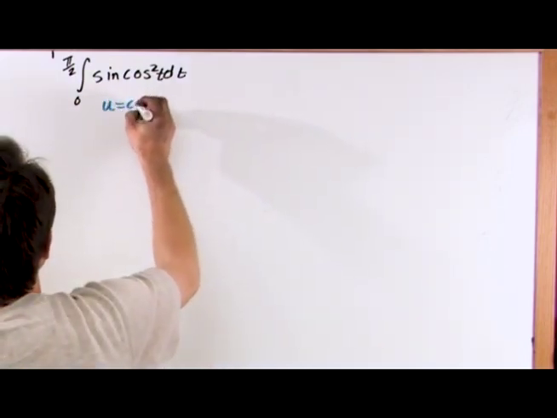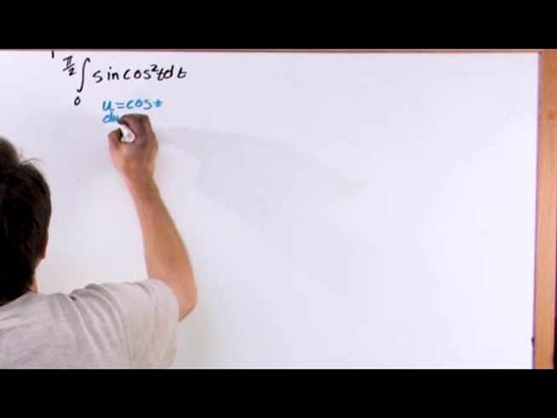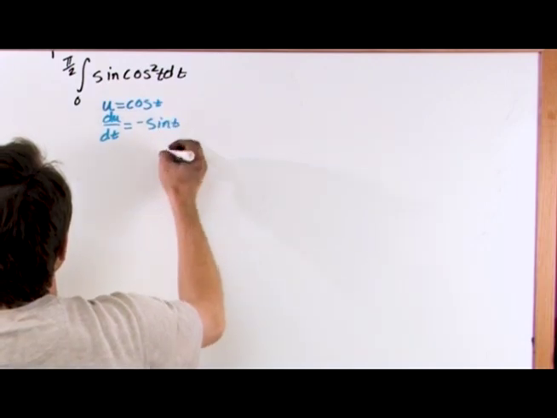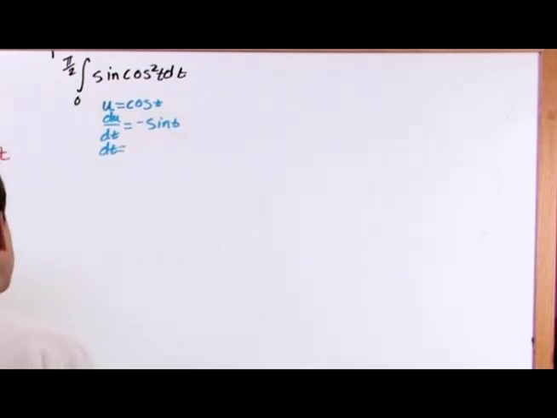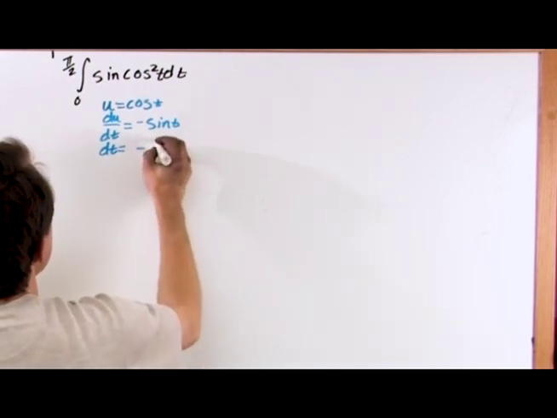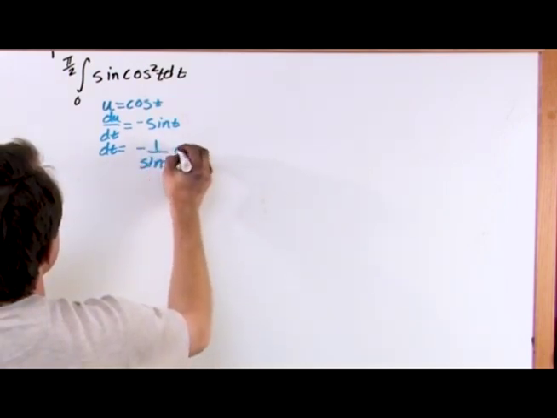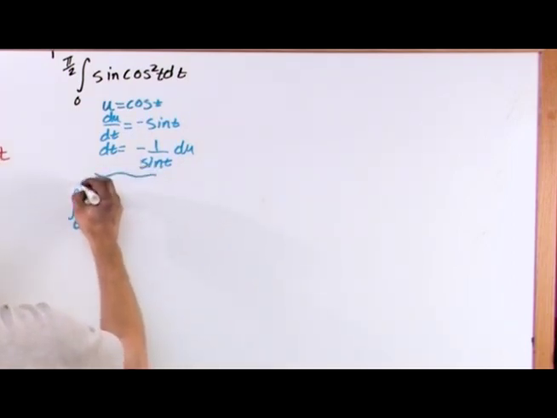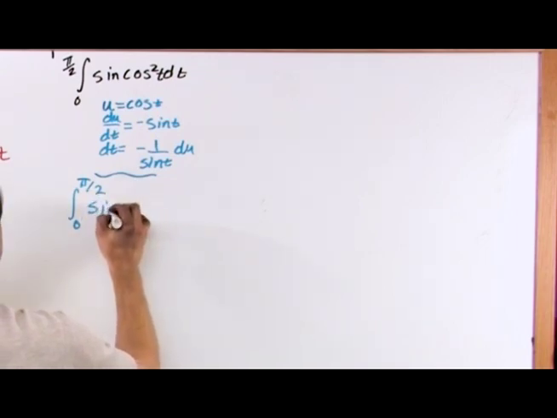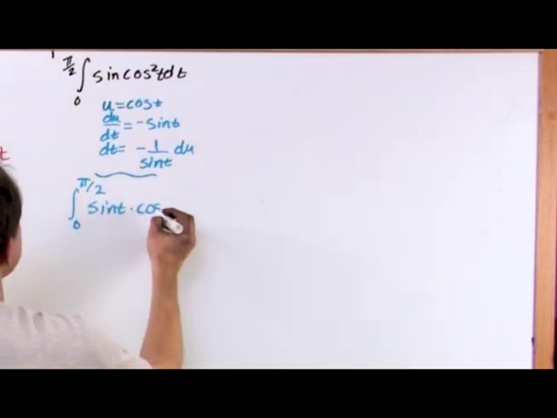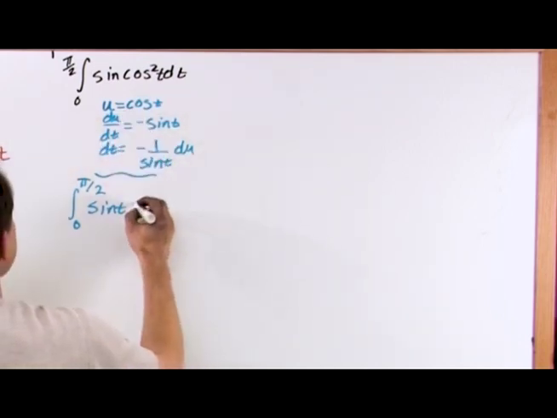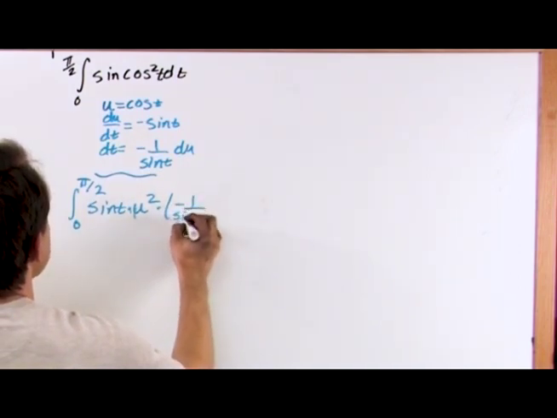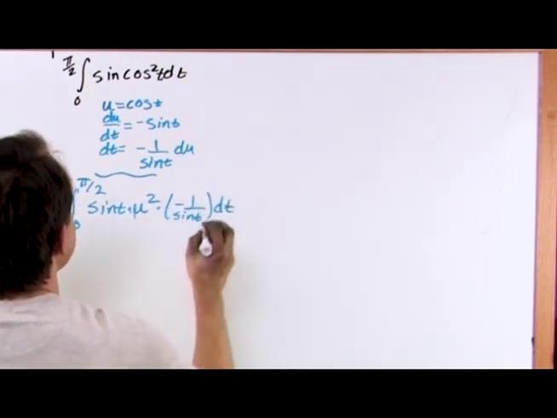So u equals cosine t, du dt is equal to negative sine t, and then dt is going to be equal to negative 1 over sine t du. So you can go ahead and integrate this now. The integral from 0 to pi over 2 of sine t times cosine, we set u equal to cosine, so it's going to be u squared times negative 1 over sine t dt.